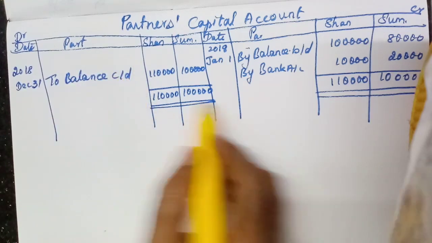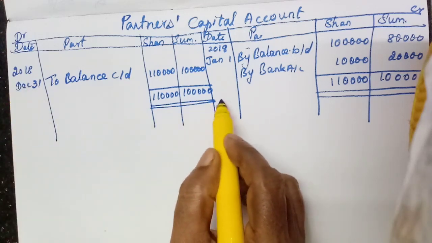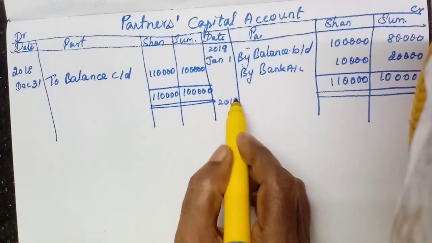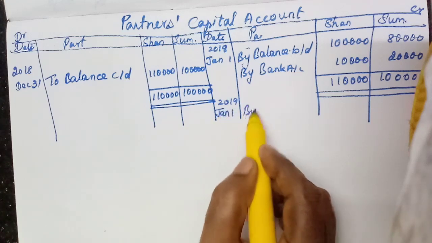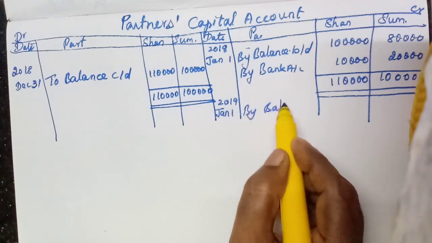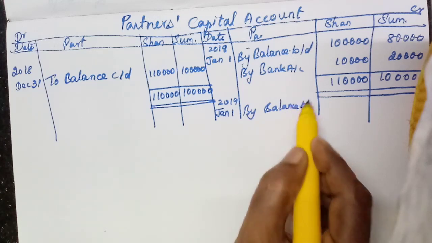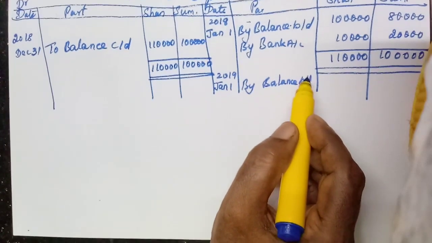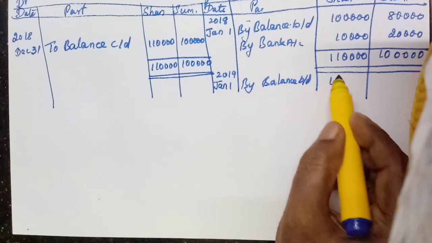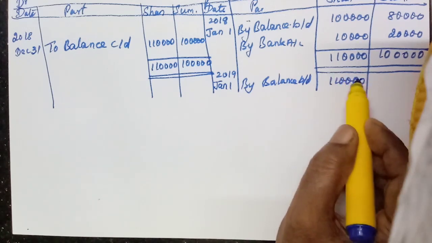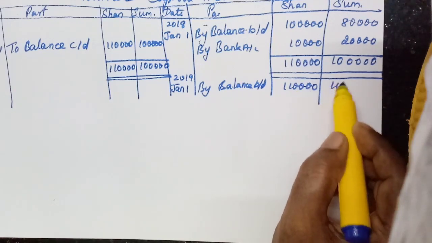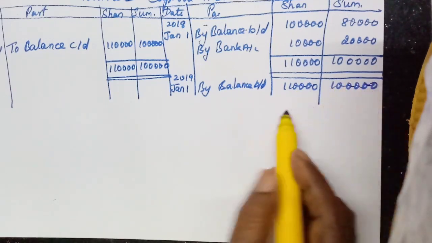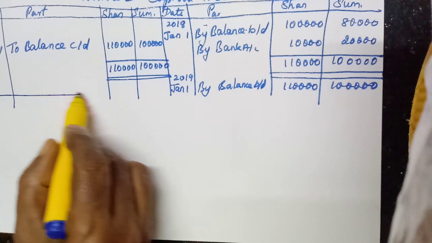Then the next date is next year, 2019 January 1, by balance brought down. What is the amount? 1,10,000, 1 lakh. Now that account is over.